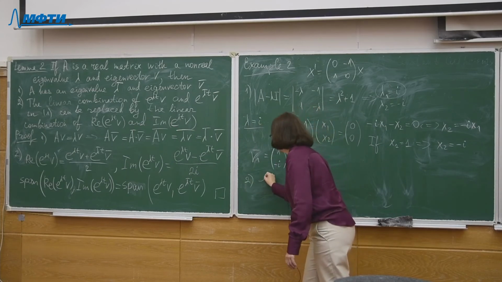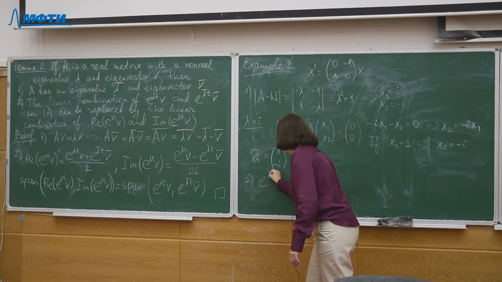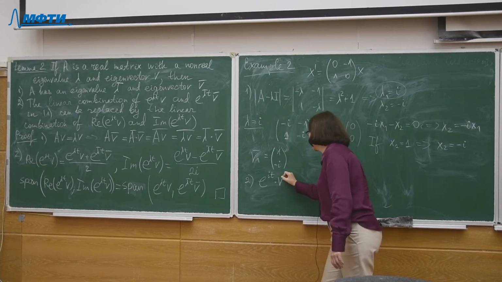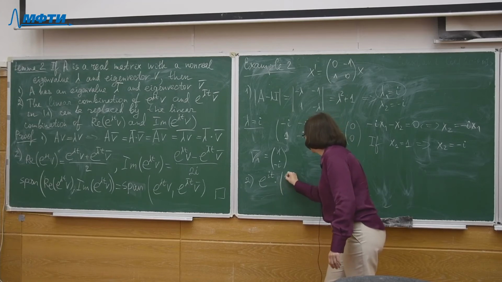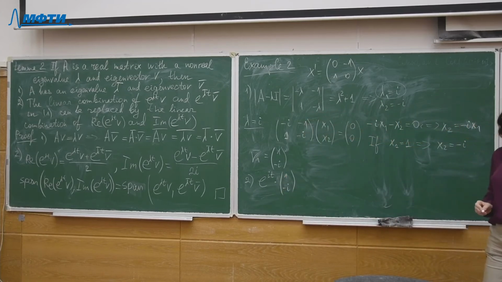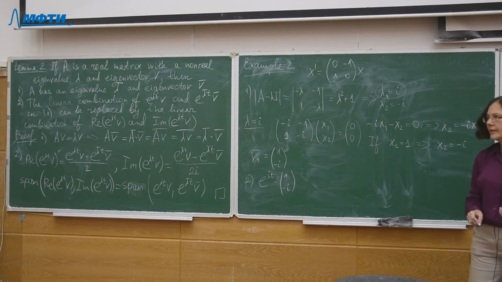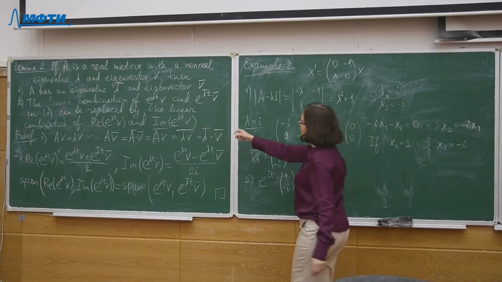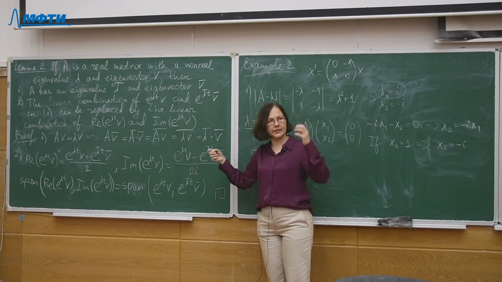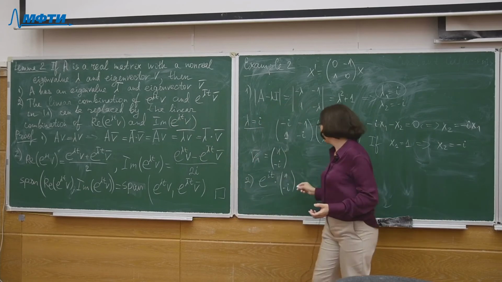Let's find e to the power it times v, times the vector (1, negative i). First we will find this, and next we will take the real and the imaginary part of this vector according to this rule, right?